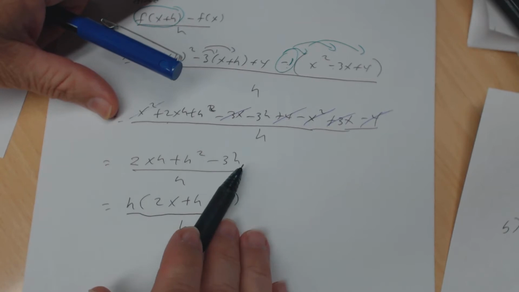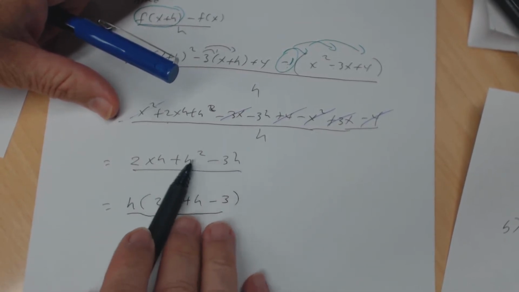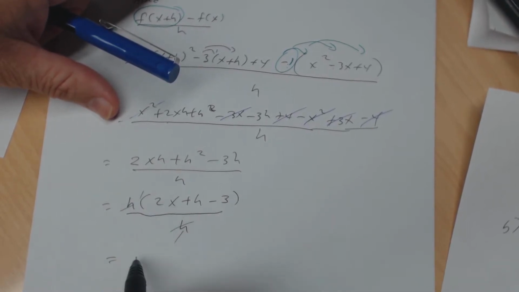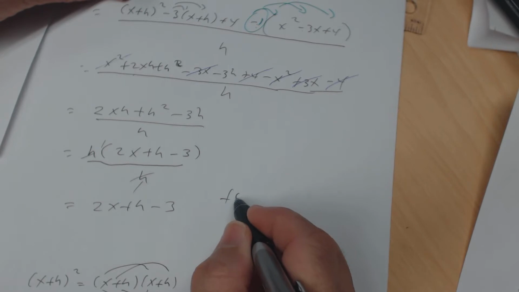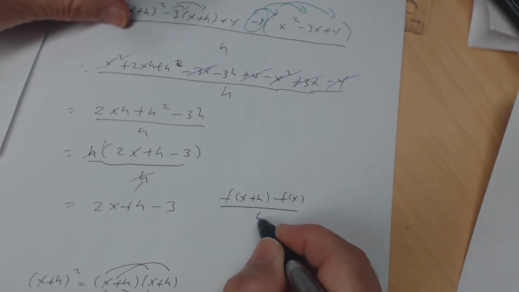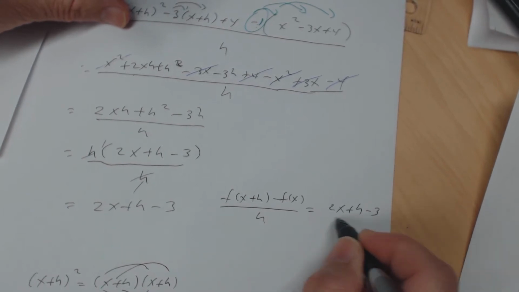You got to factor the numerator. When I factor the numerator, I'm going to take out the GCF. So the GCF here is h. Now notice the h's divide out, and you're left with 2x plus h minus 3. So that's your difference quotient. So the answer: f of x plus h minus f of x all over h is going to equal 2x plus h minus 3.